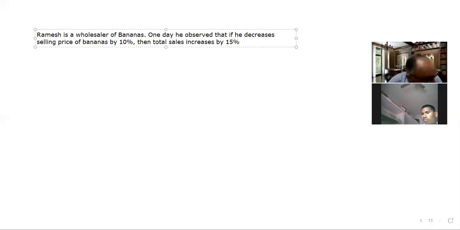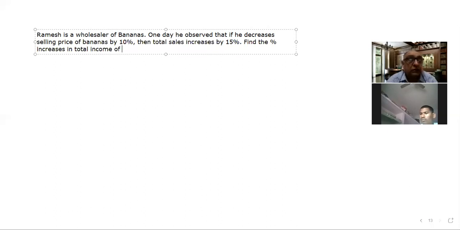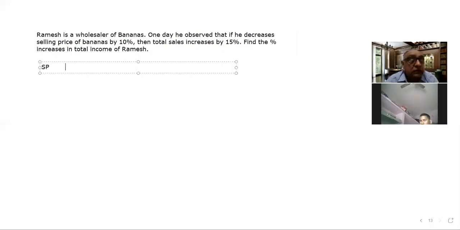Now the question is to find the percentage increase in the total income of Ramesh. One way to solve this: let's suppose one is the selling price and the other is the quantity sold.